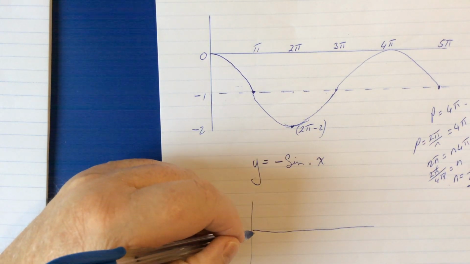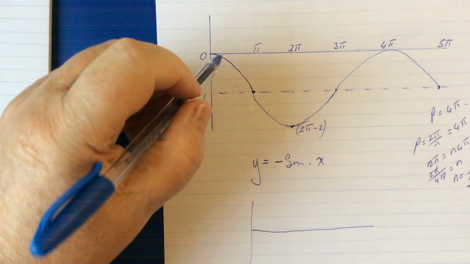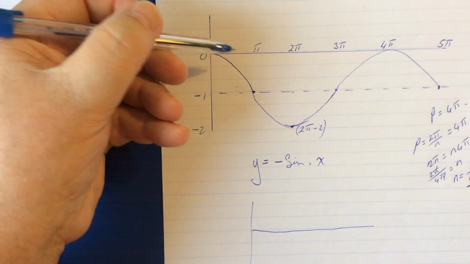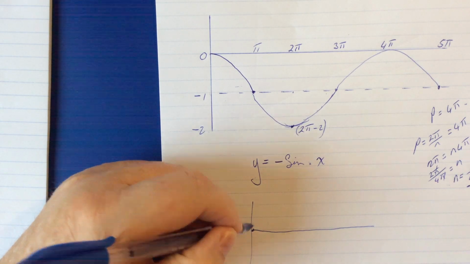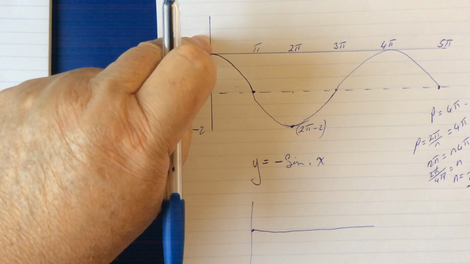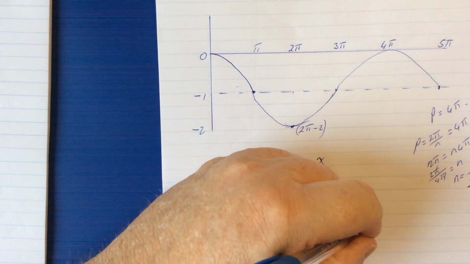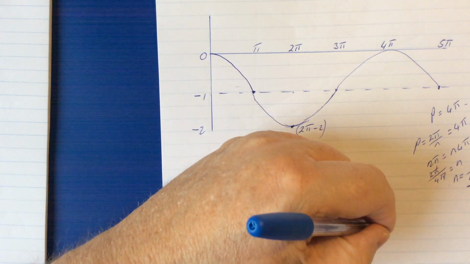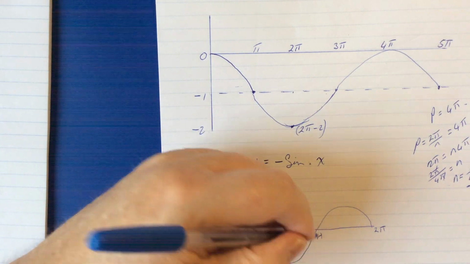Right. So let's just assume that we have not got the translation in the positive direction of the x-axis. Let's just assume that this thing starts over here at 0, and that it does this, and that this is 2 pi, and that this is 0, and that this is pi.